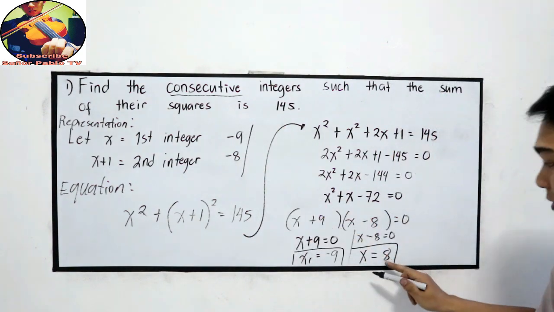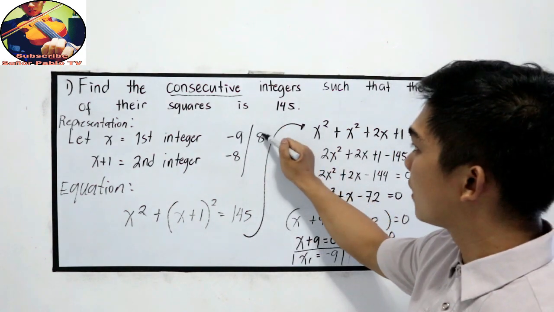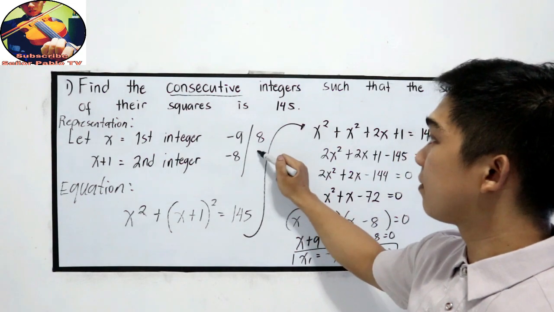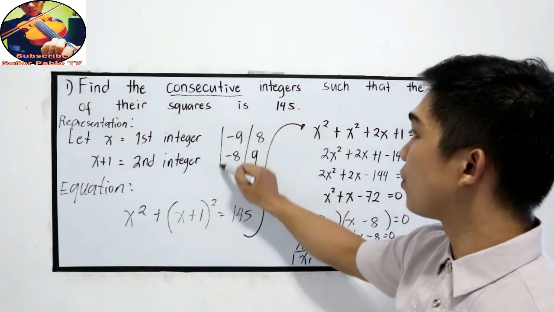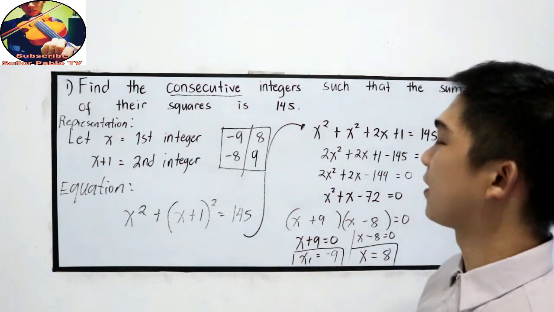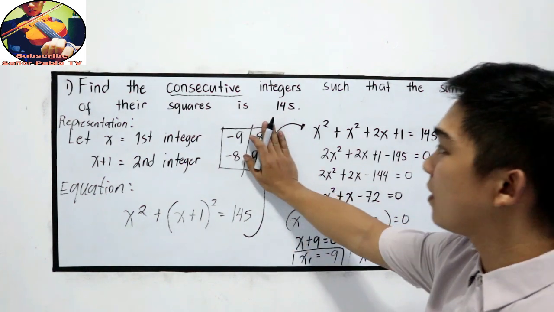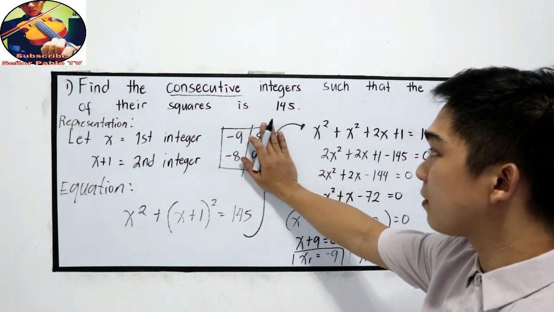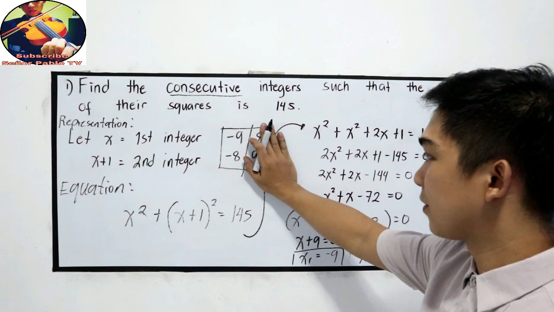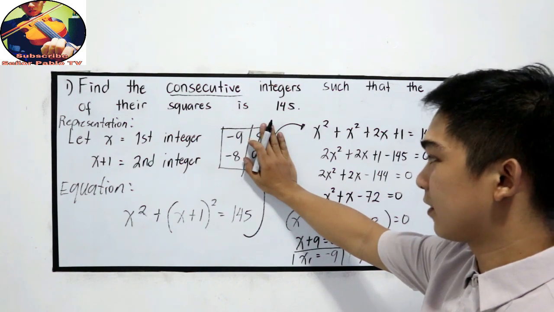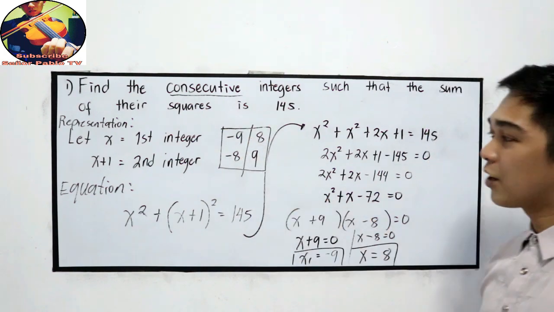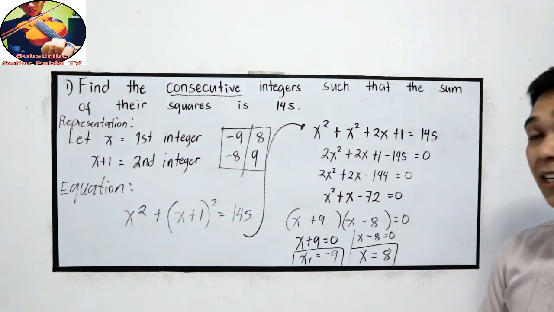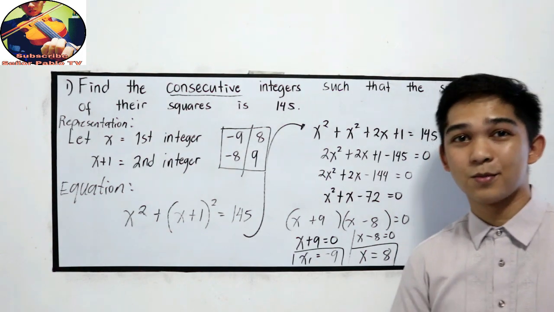At kapag positive 8 naman, 8 plus 1, that is 9. Ito ngayon yung ating final answer. I-check natin, 9 squared... 145. Pwede natin i-double check. Ganyan kung paano mag-solve ng ating word problems. This is the consecutive integers.